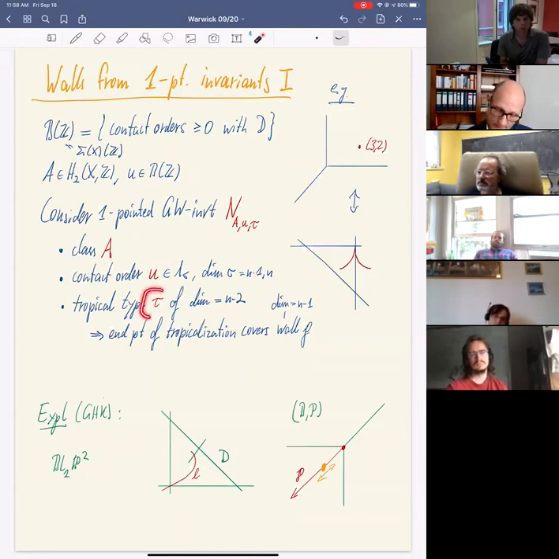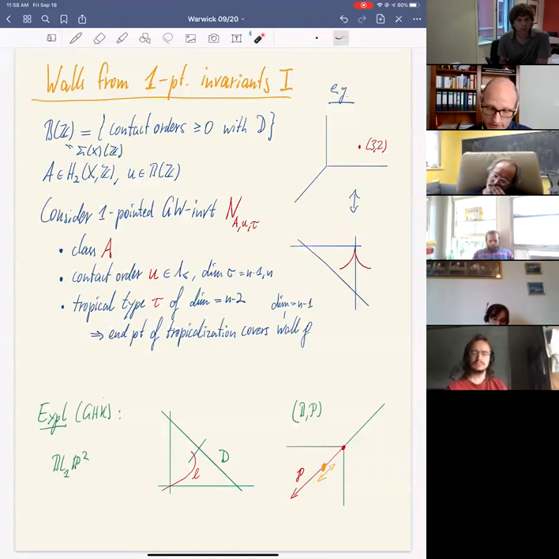The tropical type, I'm mixing up tropical types and the corresponding moduli space of tropical curves. In this case, it's a bit silly because tau is just this one point, right? So tau, this is a rigid curve, so tau will actually be the natural numbers. But then you have the universal tropical curve over it, and you can evaluate this at this point and let it vary, and that will sweep out that whole wall, that whole leg.